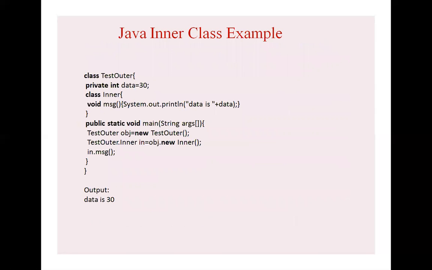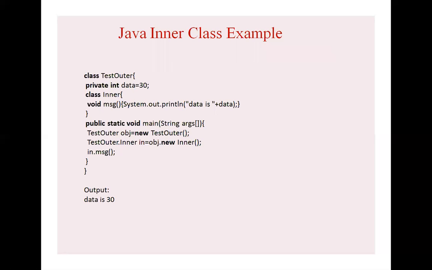This is the example of an inner class. Class TestOuter. Within class TestOuter, there is a private data member, variable name is data, integer type, value assigned is 30. Within TestOuter, we declare an inner class Inner. Within this inner class, there is a method msg. Within this msg method, we display the value of data using the System.out.println function.